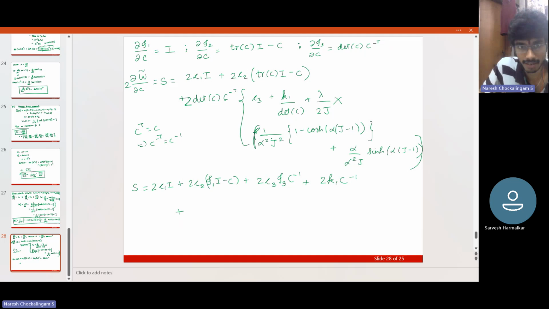Plus here you have a determinant of C, so we get plus 2, and this 2 and 2 get cancelled.